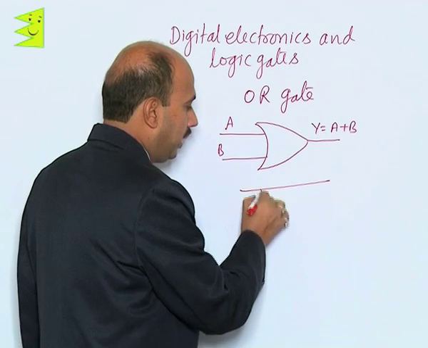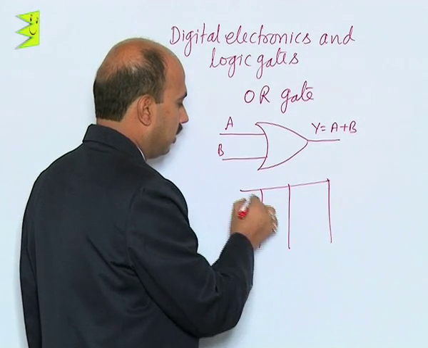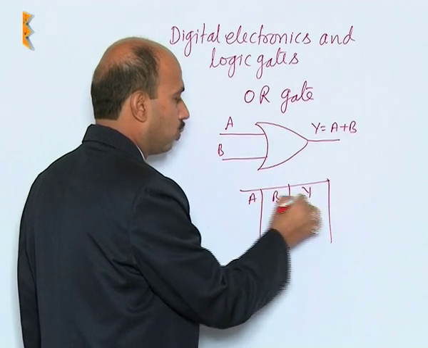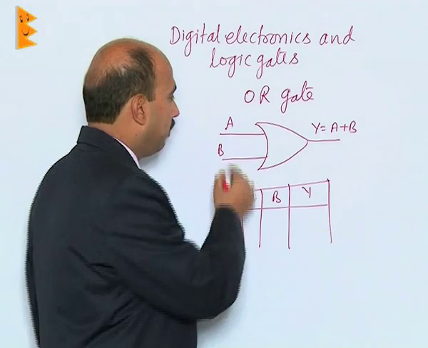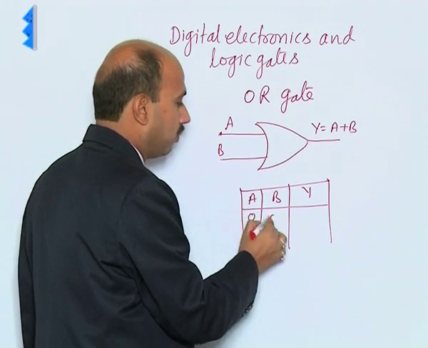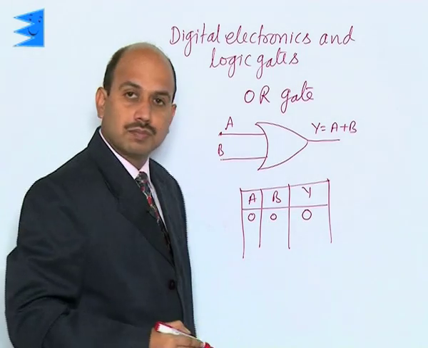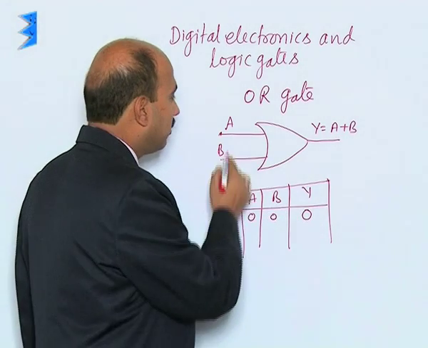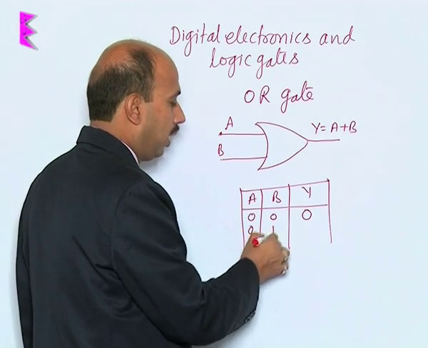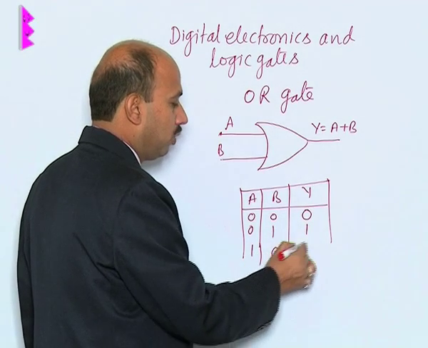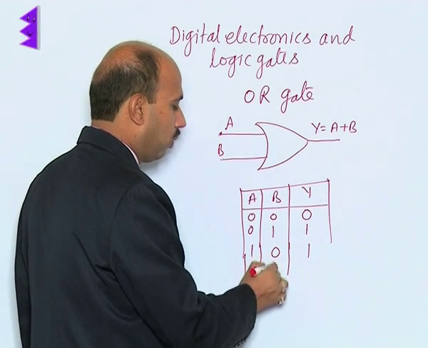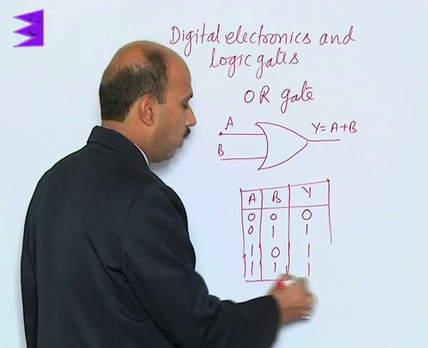Now here we take signals like this: this is A, this is B, this is Y. Suppose we give as input 0 and 0, the output we will be getting is 0. If A is 0 and B is 1, then output is 1. And if we take 1 and 0, output is 1, and if we take 1 and 1, then output is also 1.